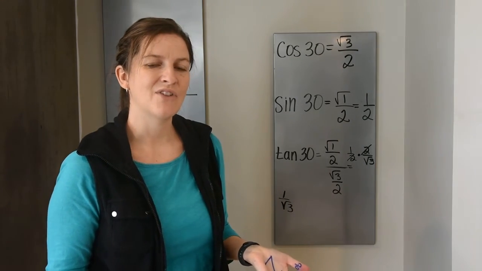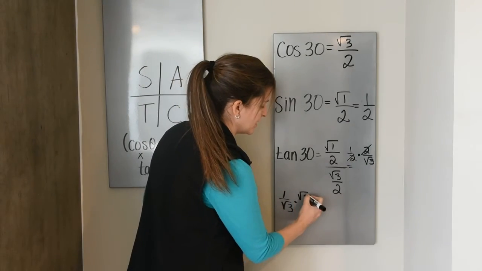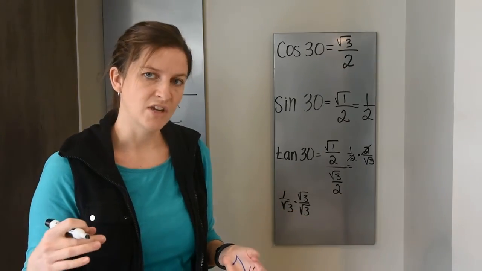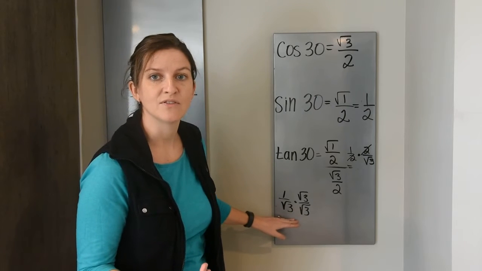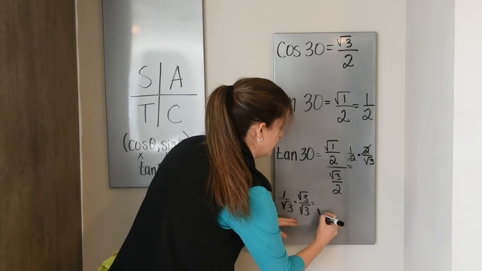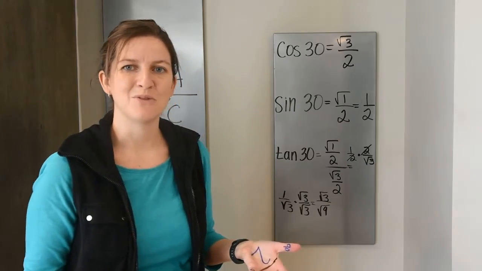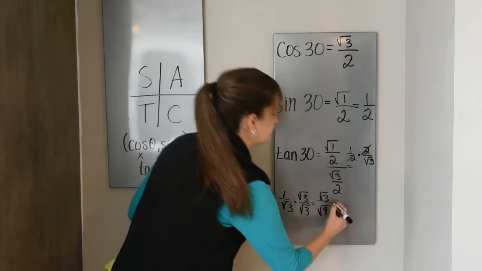And we know we can't leave radicals on the bottom, so we rationalize by multiplying by 1. But the 1 is going to be the square root 3 over square root 3. It's equivalent to 1, but it rationalizes for us. So I have the square root of 9 on the bottom. 1 times square root 3 would be square root 3 on top. Now, simplify. Square root of 9 is 3.